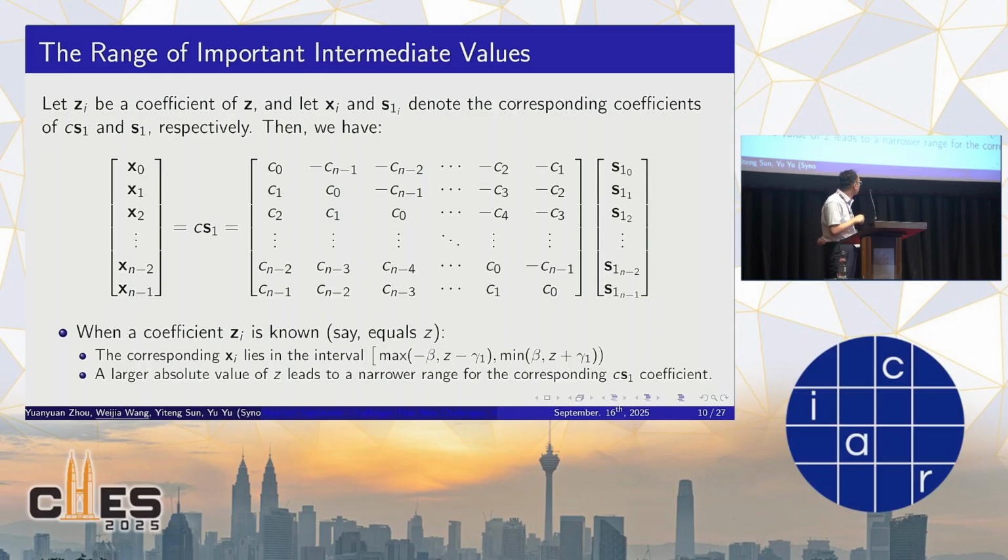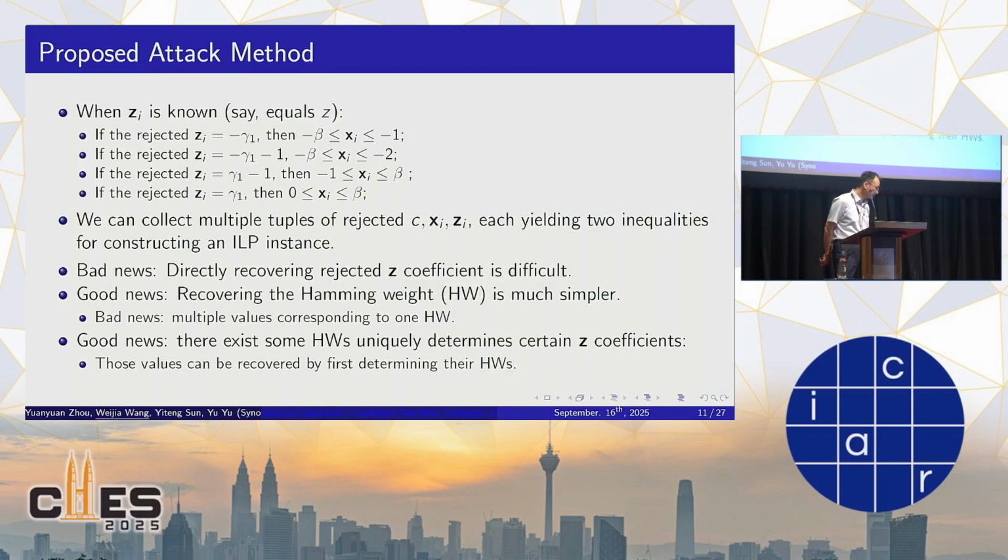So if we know the value of z and the absolute value of z is quite large, then this interval becomes narrow. It means that a large absolute value of z leads to a narrow range for the corresponding cs1 coefficient.